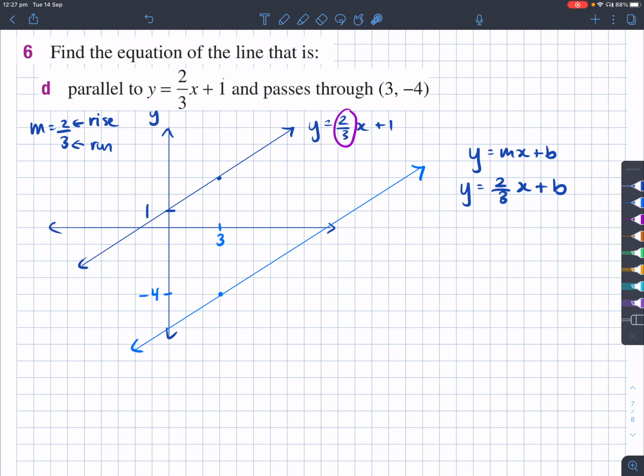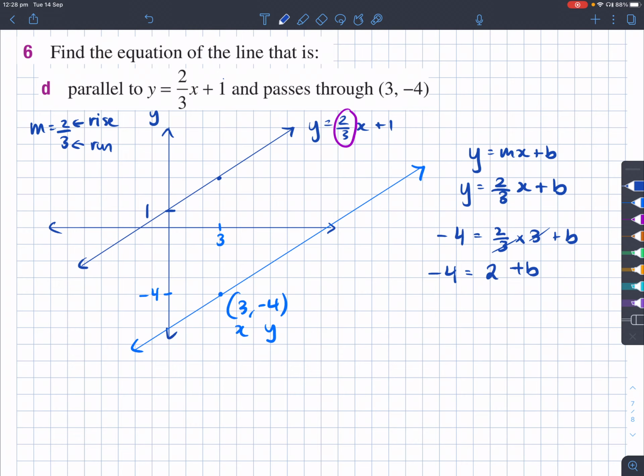To find b, all I need to do is substitute in the point that it passes through, which in this case is (3, -4). So x is 3, y is -4. So here y is -4, and I'll get 2/3 times 3 plus b. When I multiply 2/3 with 3, that gives me 2 just by cancelling out the 3s.